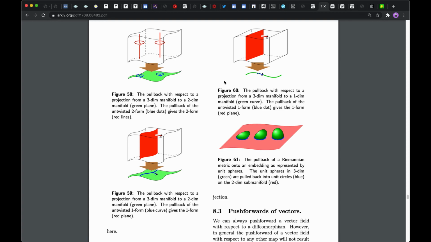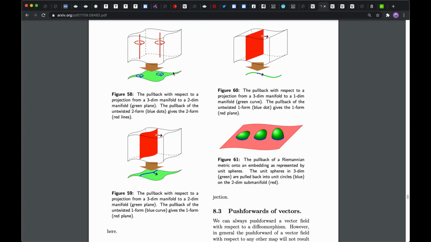Yeah, and all the next examples are considering pullbacks, but now the other way around, and it seems to me that in this case it looks more like a pullback because you have the projections now, and pullbacks with respect to the projections actually look like pulling back.